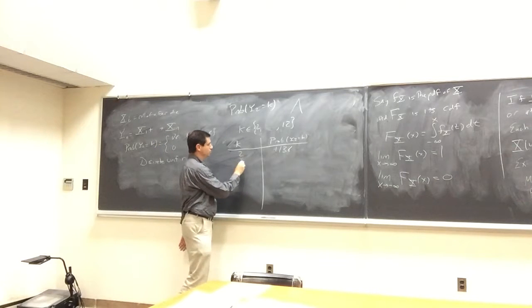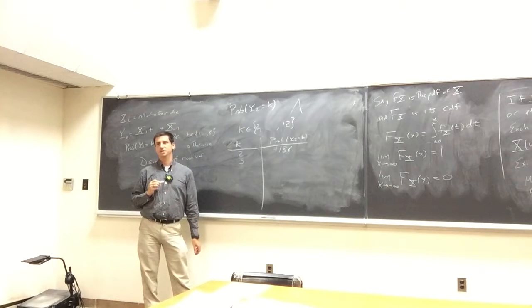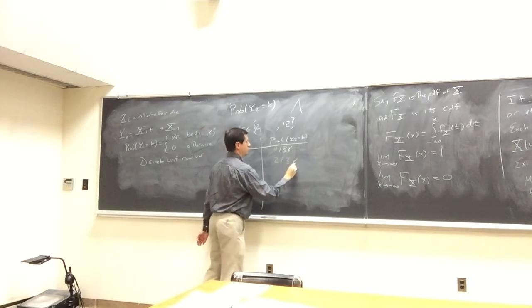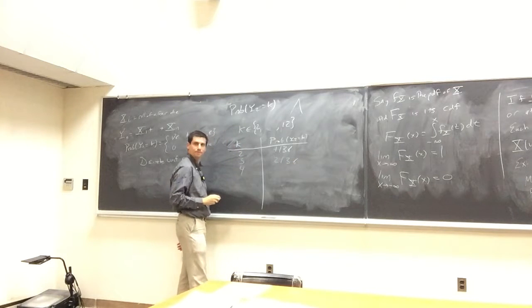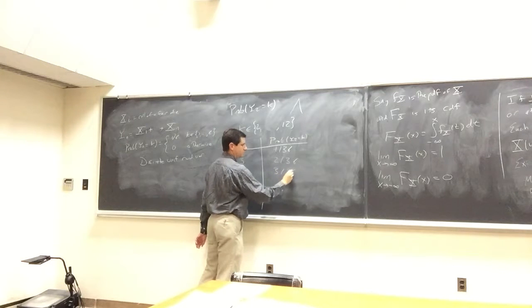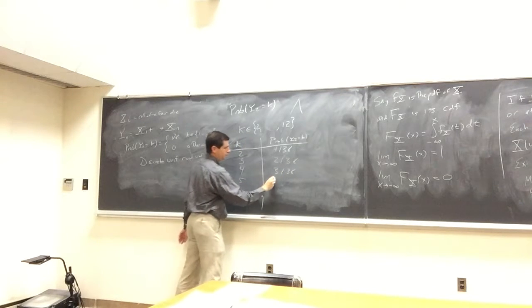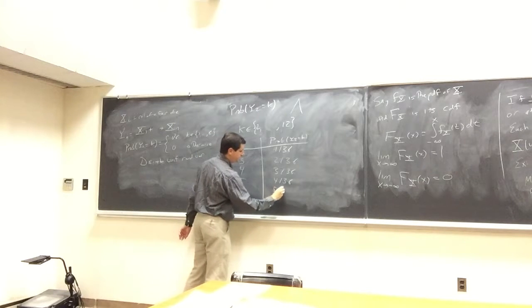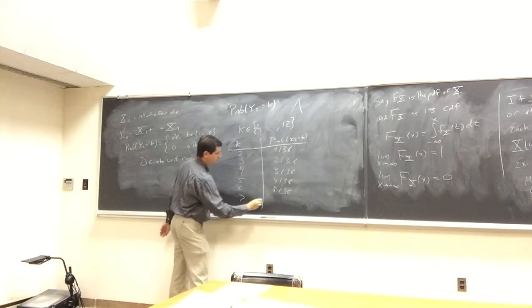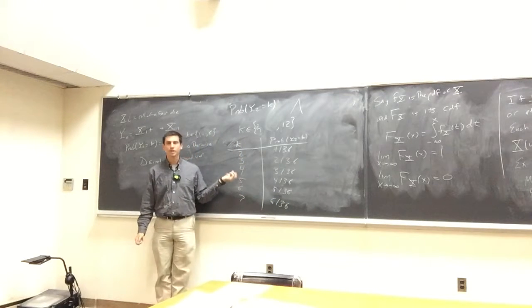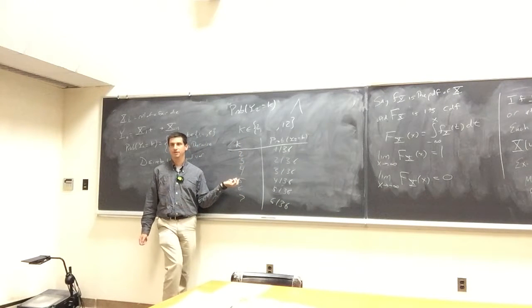If we have k equals 3, what's the answer? 2/36. If we have 4, 3/36. 5 is 4/36. 6 is 5/36. And 7 is 6/36. The way to look at it is, let's say I want to calculate the probability of a 5.